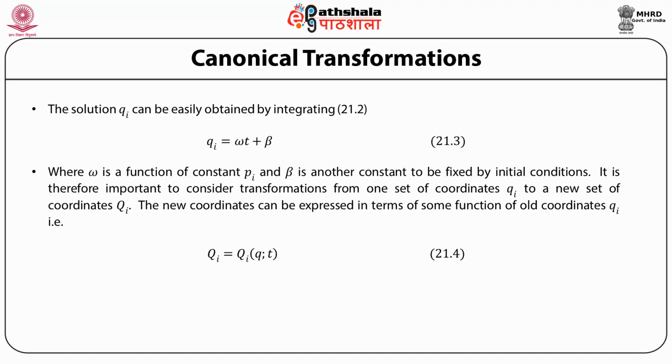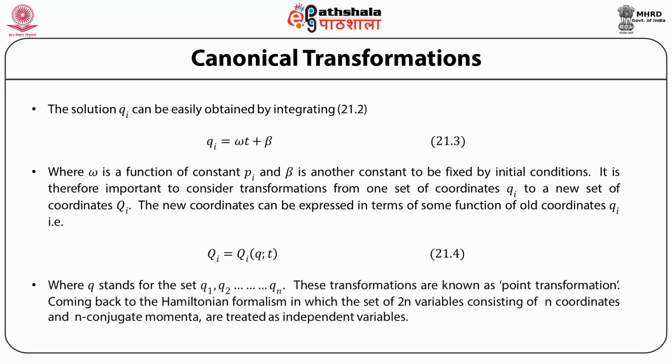The new coordinates can be expressed in terms of some function of the old coordinates q_i and the time t. That is, capital Q_i is a function of the old coordinates q_i and the time t, where q stands for the set q1, q2, ..., qn. These transformations are known as point transformations.